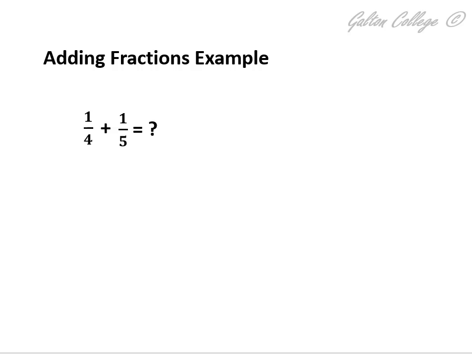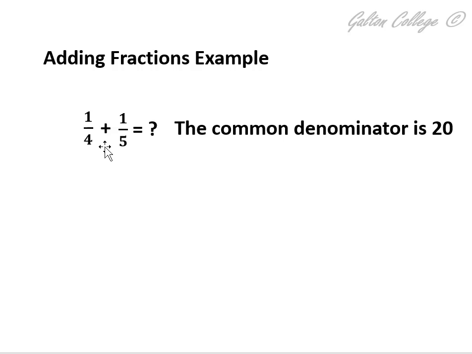What's that equal to? Common denominator here is 20. 5 times 4 is the easiest way to find it. 5 times 4 is 20. That's just a quick way for small fractions. If it's a bigger number, we might be able to reduce the bigger number. We want the lowest common denominator. We'll talk about that later. But for the moment, 5 times 4 is 20.